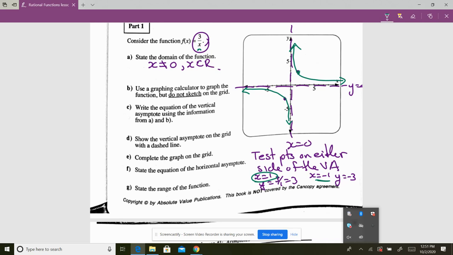Okay, this is calculus. The definition of a horizontal asymptote is what is the graph doing as x approaches infinity? We don't really look at them too much in this class. There is one example that we're going to look at today where it does, but I'll show you how to determine that.